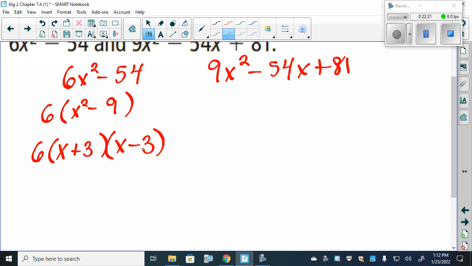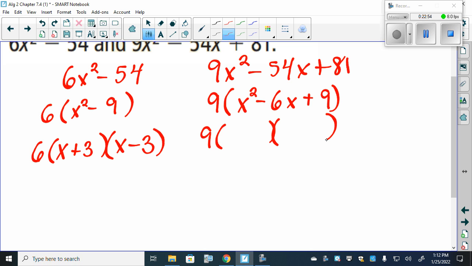Now that brings us to our other one here. Now there is a greatest common factor of 9 that we can factor out of all three terms. If we factor out a 9x squared, we're left with x squared minus 9 factored out of 54 is 6x plus 9. Now this here will factor.